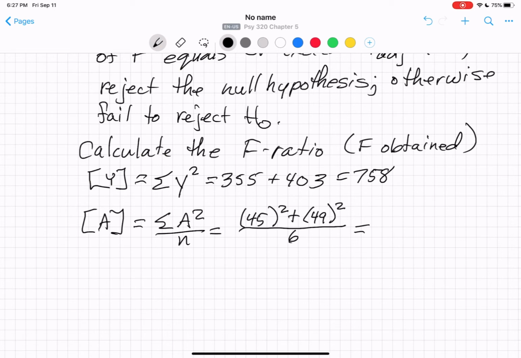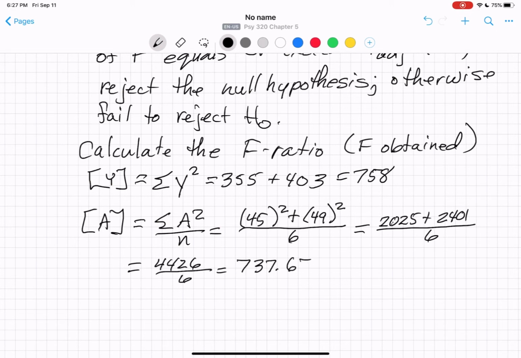So 45 squared is 2,025, and then 2,401. We add those up, we get 4,426, divided by 6. And then we get 737.67.